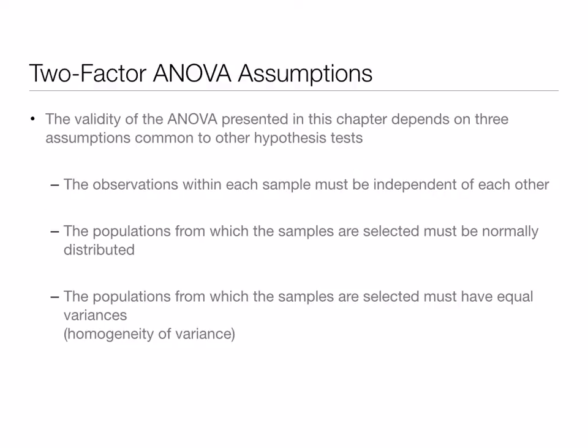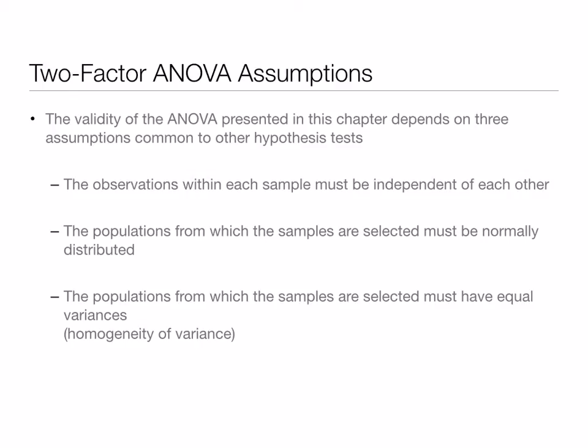For a two-factor ANOVA, we have the same sort of assumptions we've had previously, so that each sample is independent of each other. The populations, again, must be normally distributed. And this is all out of probability. All this inferential statistics is coming off of that normal curve, the probability sampling off of this normal curve.